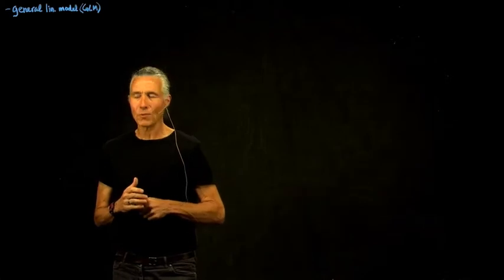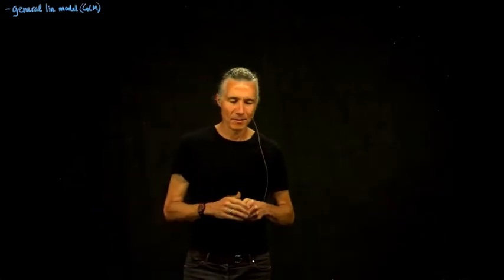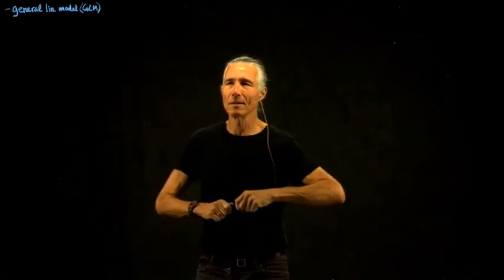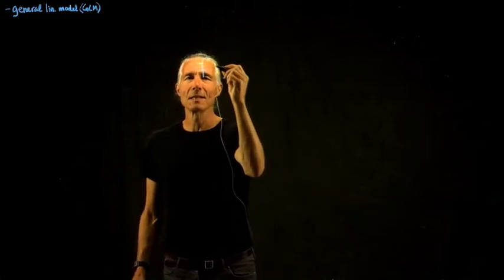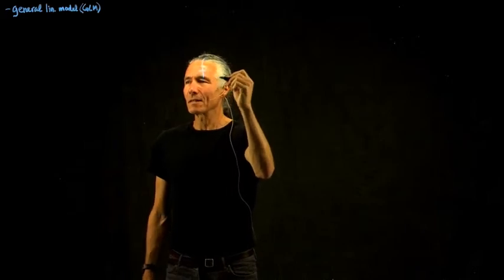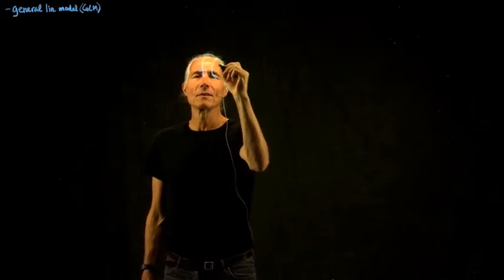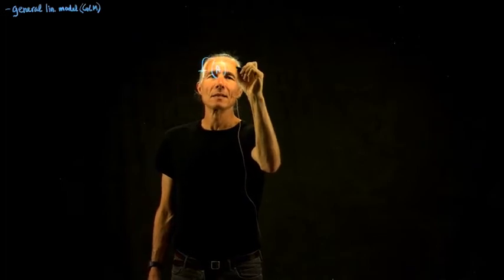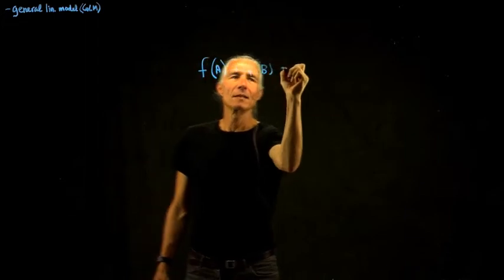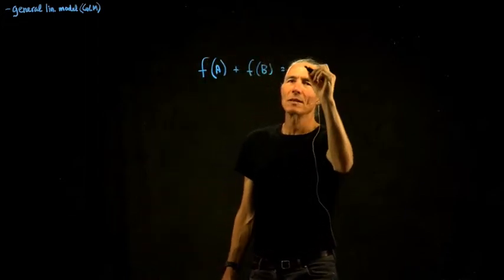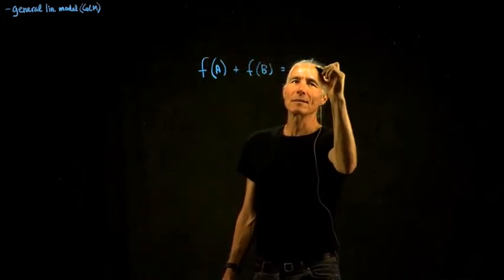So first of all, what does it mean to be linear? So the definition of linear. Basically, if you have some function, that function is linear if when you apply it to two arguments separately, it's equal to the function applied to the sum of the arguments.